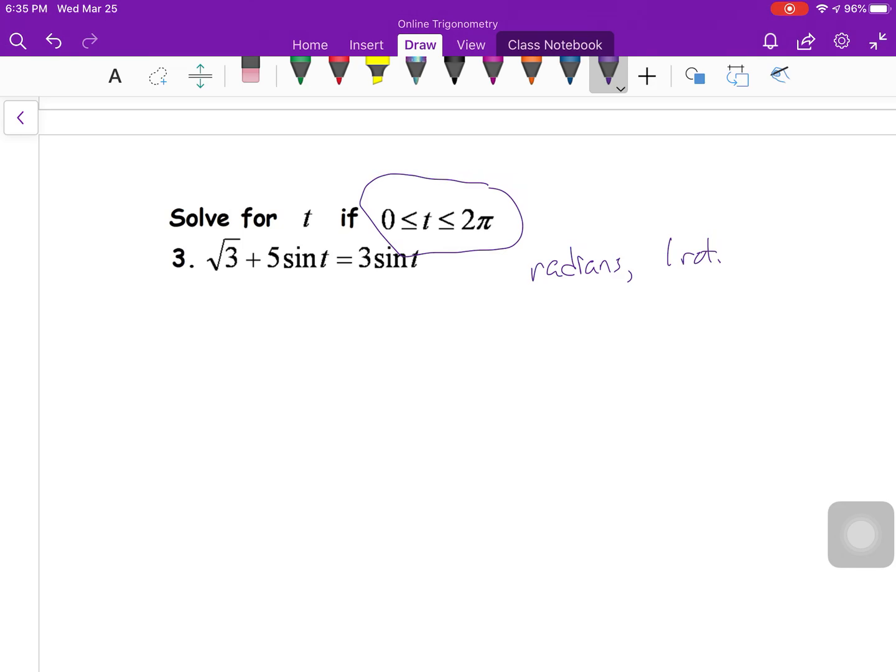We stop at 2 pi. Well, the first step is to try to get all of the trig functions on one side. And I'm going to subtract 3 sine t first. That will give me square root of 3 plus 2 sine t equals 0. And then I'll subtract square root of 3. And I'll divide by 2.